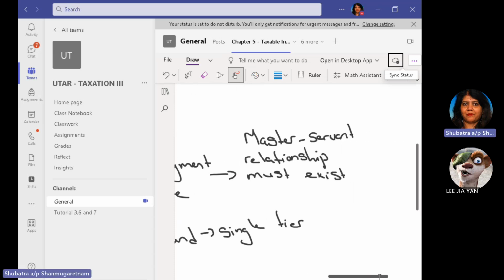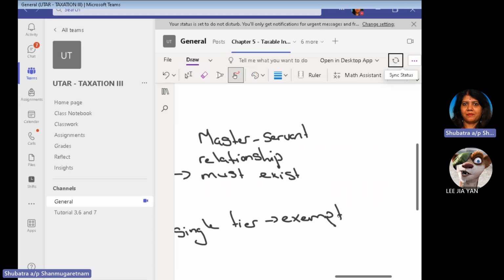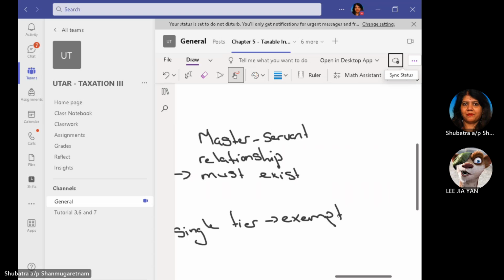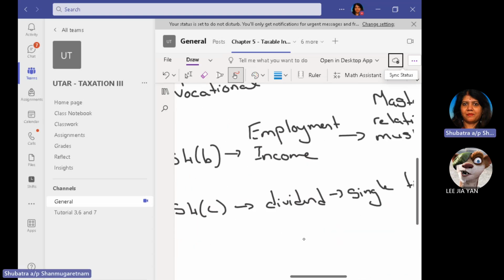Other dividends, dividends from unit trust, are taxable. So only single tier dividend is exempted. Other dividends are taxable. Please remember that.